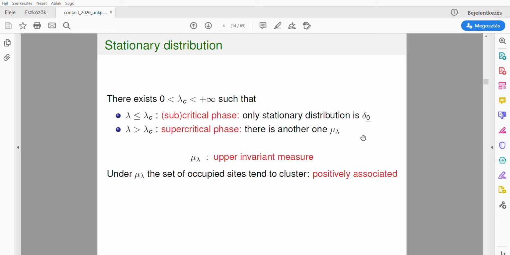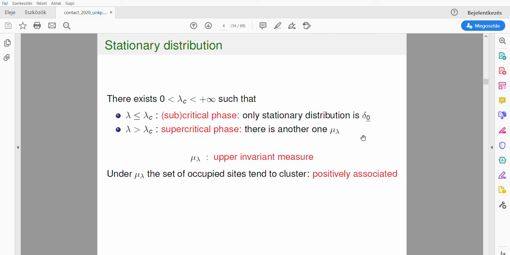However, this upper invariant measure is not Bernoulli percolation. Sites under the invariant measure are not independent. If you're infected in the stationary state, that makes it more likely that your neighbor is also infected.